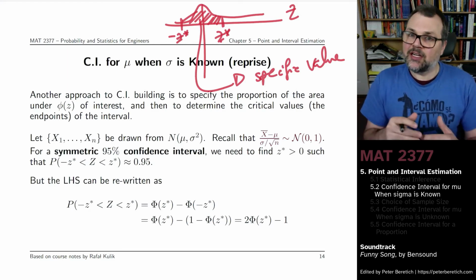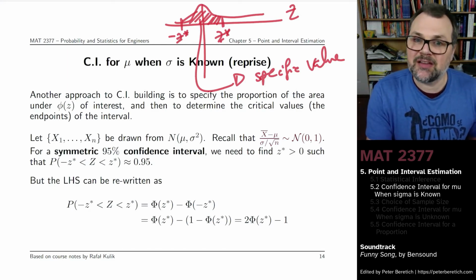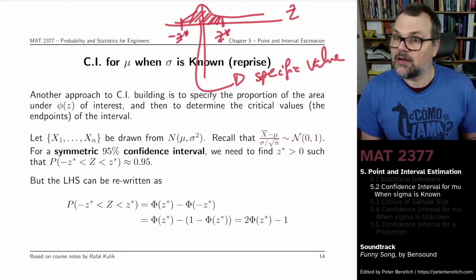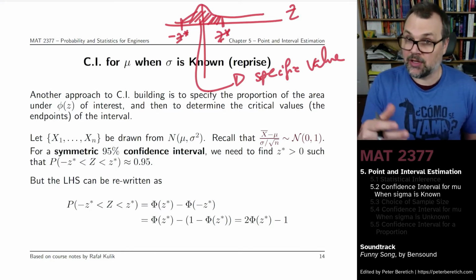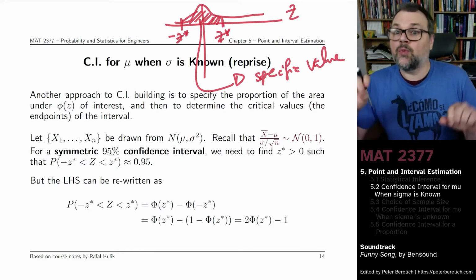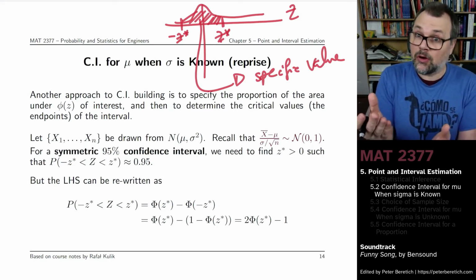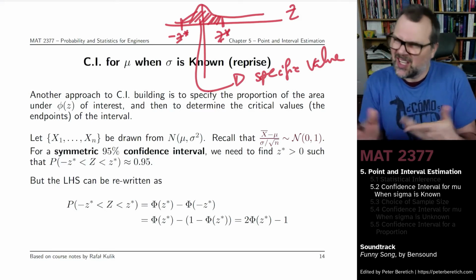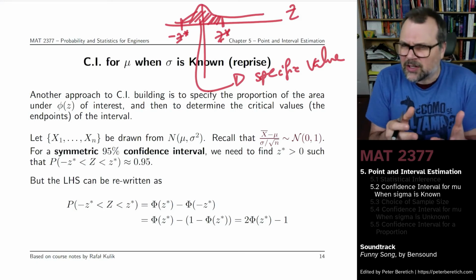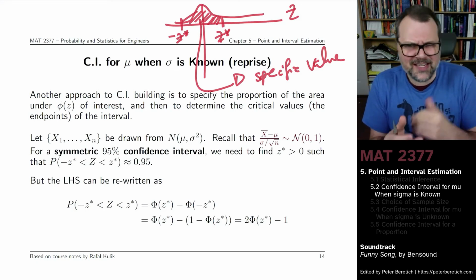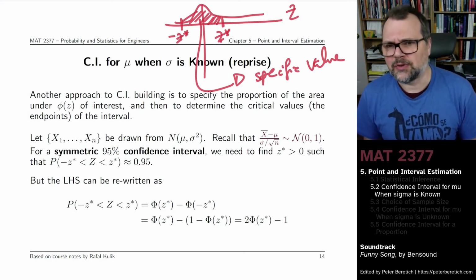The way we did it at first is we picked a specific value of z, -1, -2, -3, and 1, 2, 3, and then we computed the area underneath the curve afterwards, and we got these weird numbers. 68.3 is a bit weird, 95.5, 99.7. These are all sort of weird numbers.